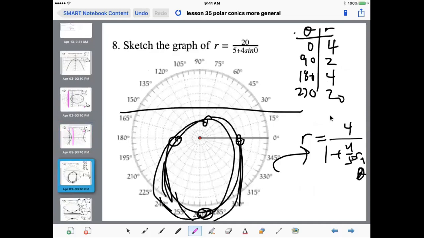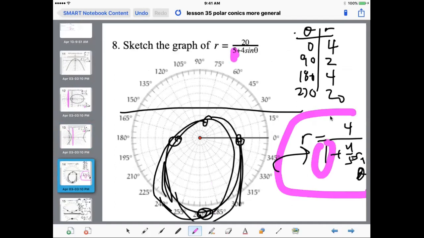Now for the graphing ones, what I like to do is first I get it into this form by dividing everything by 5 to turn this into a 1 here. Then I can see I should expect an ellipse because the eccentricity became a fraction. And I could actually work out, make sure I did something right.